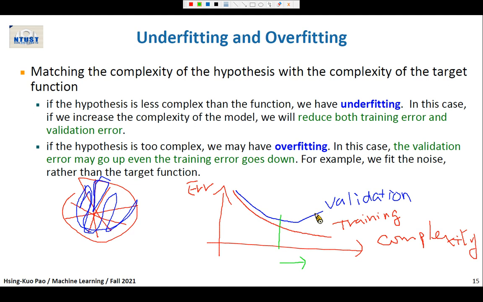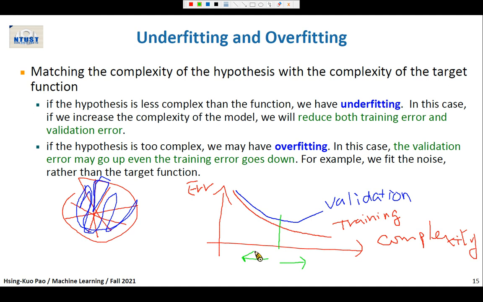Meaning that this kind of complexity, we don't need. It doesn't help us because the model is too complicated and the data is not so difficult to understand. On the other hand, this direction is underfitting.